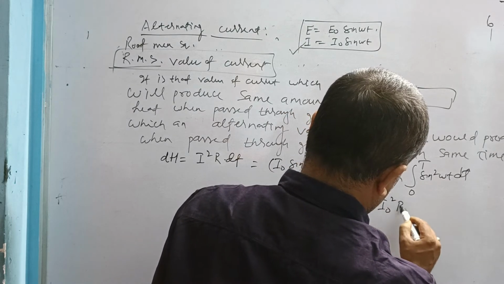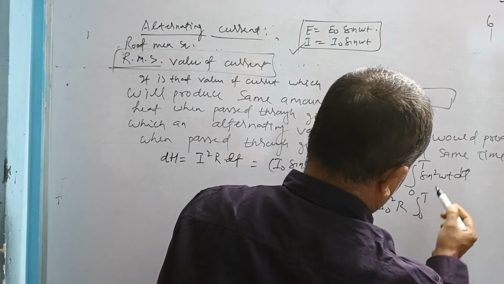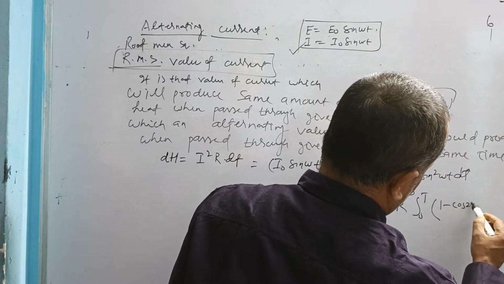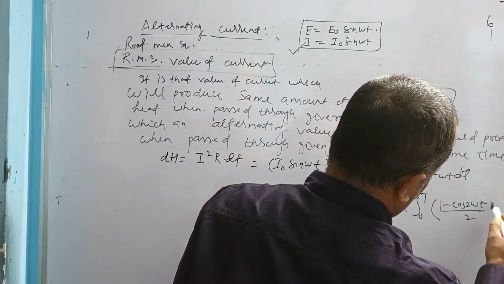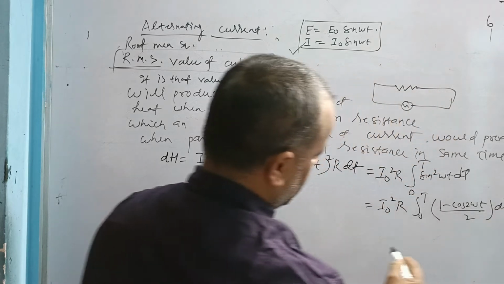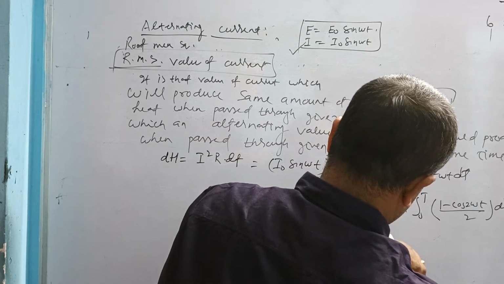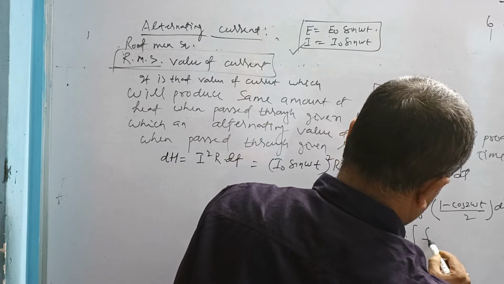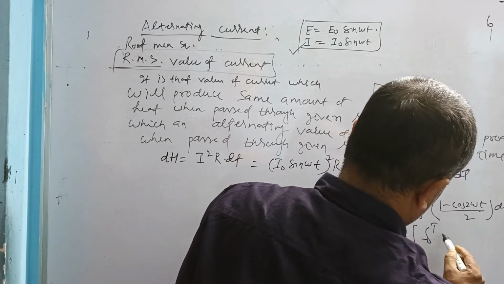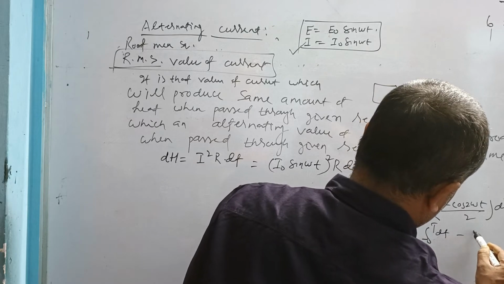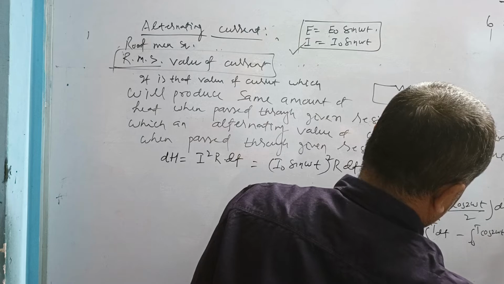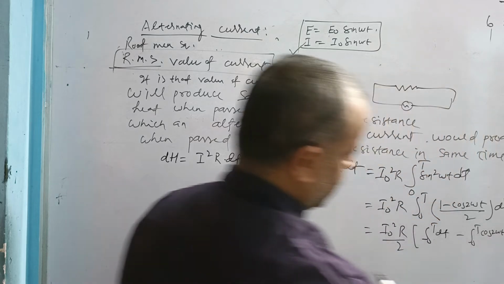So what we get is I naught square R, and sine square omega T can be written as 1 minus cos 2 omega T upon 2 delta T. Suppose we calculate this out, I naught square R upon 2, we integrate this part delta T, this is integration of cos 2 omega T delta T. See what we get?